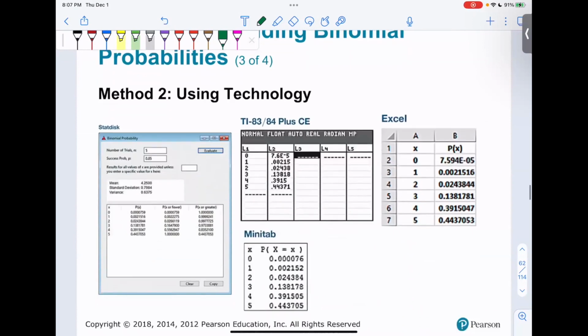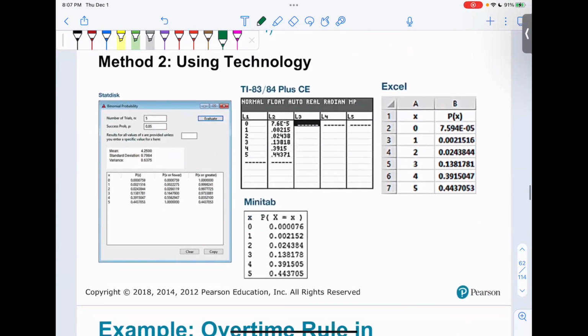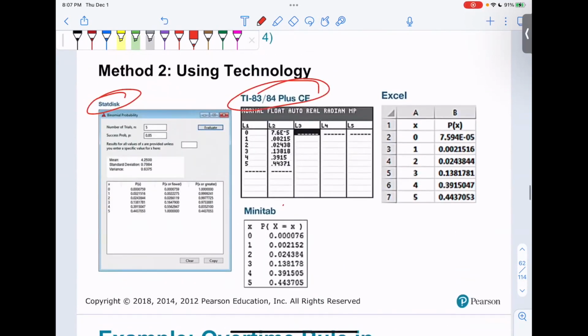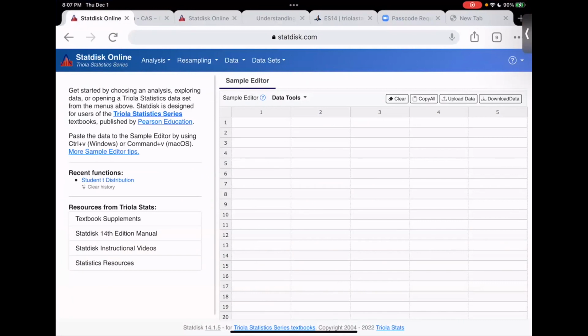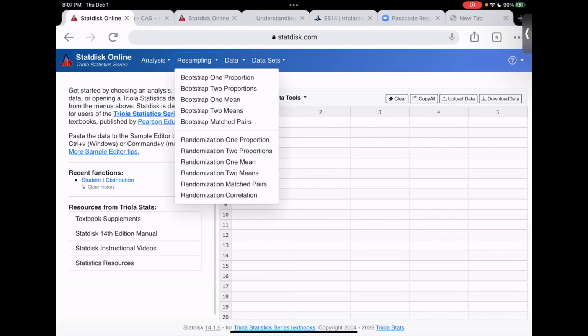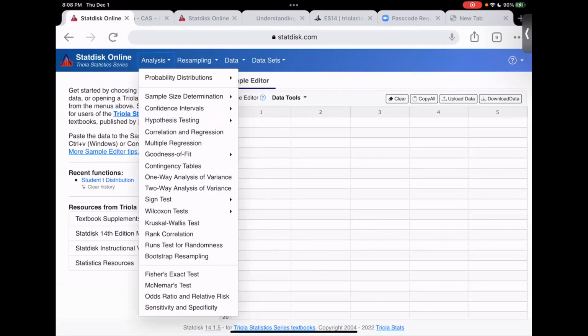So the first one, also using technology. Maybe you have StatDisk you can use, or Minitab, all those things. Let me see. If this is StatDisk, I don't remember where exactly. Probability distributions, and then go to binomial.